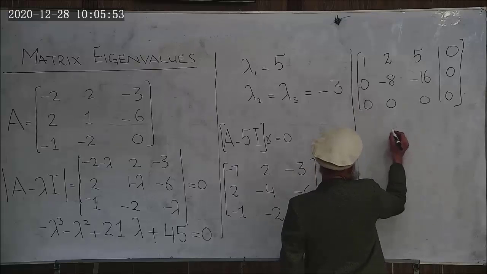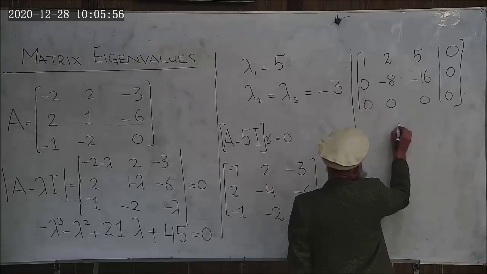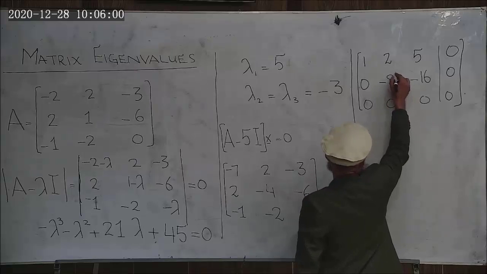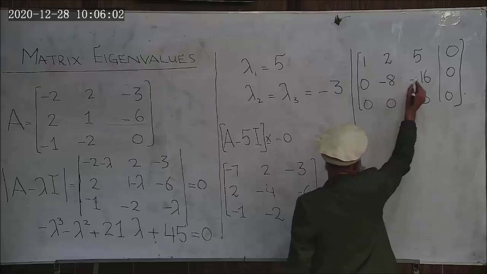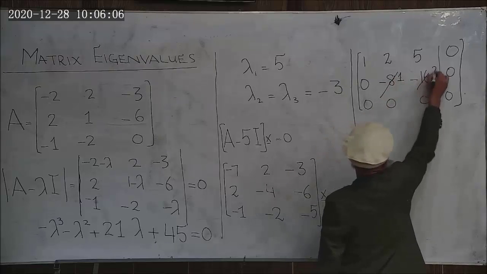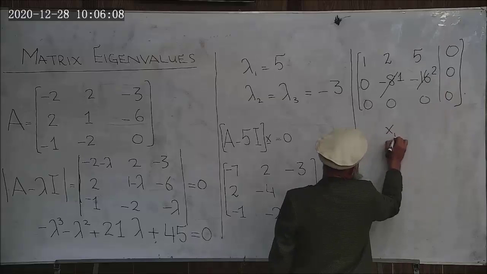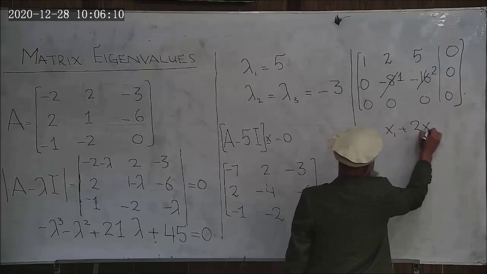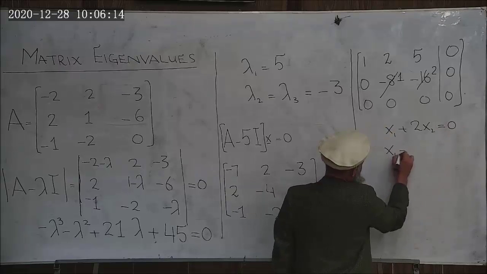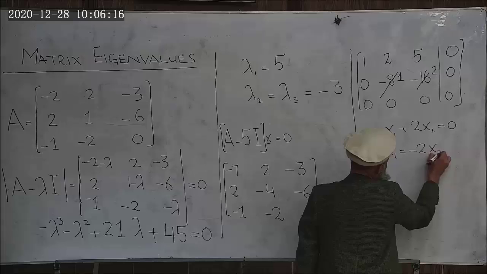From the second row, we have 8x2, or we can further simplify it to write 1 and 2. So x1 plus 2x2 is equal to 0, which means that x1 is equal to minus 2x2.